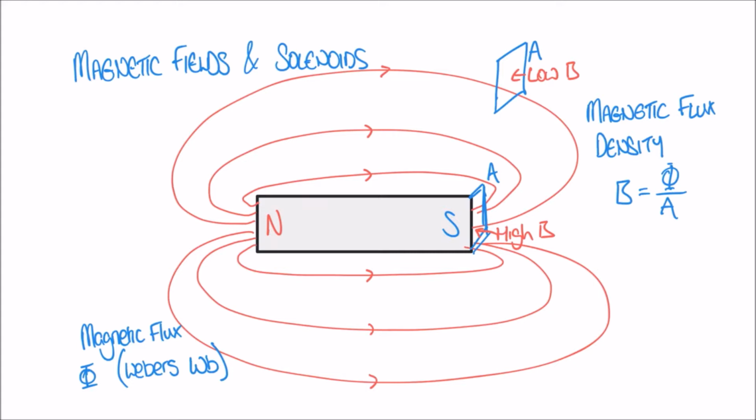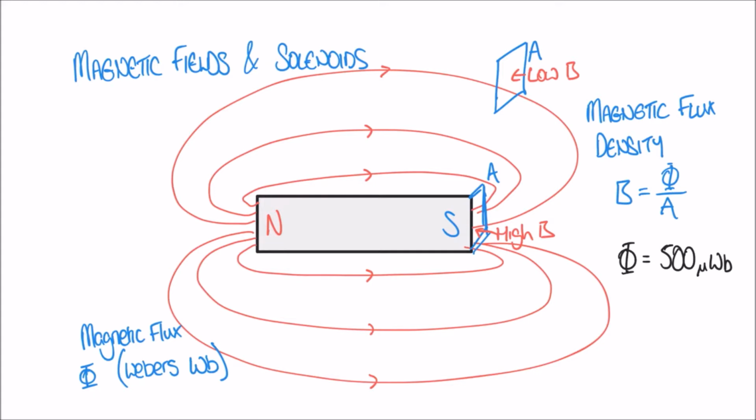Let's have a go at trying to work out the magnetic flux density at the end of this magnet here. And let's say that we know that the magnetic flux in this instance is 500 microwebers. So I'll make a note of that, and we'll say that phi is 500 microwebers.